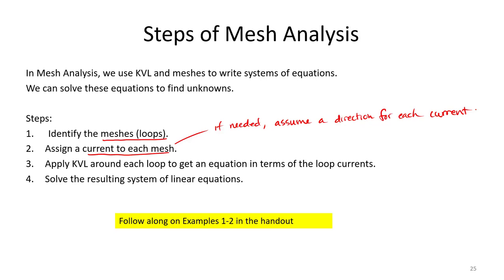Sometimes the mesh currents will already be given to you. Other times you'll need to assume them. Once you've decided on those currents, you'll apply Kirchhoff's voltage law around each loop, just like what we did in the examples earlier. Finally, you'll solve the resulting system of equations to determine the unknown currents.